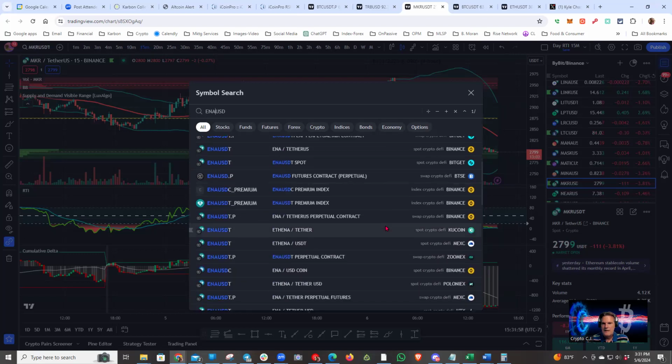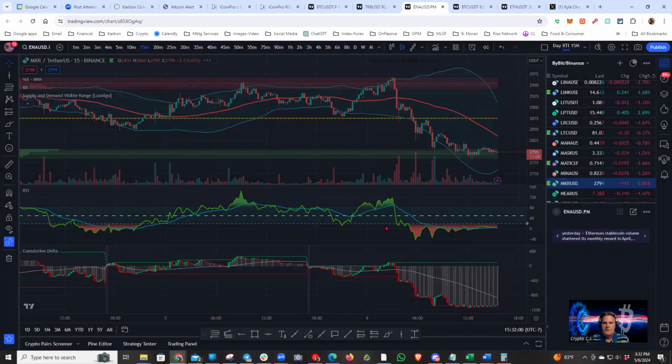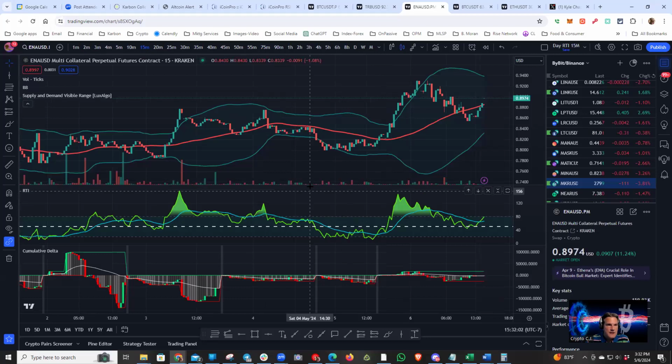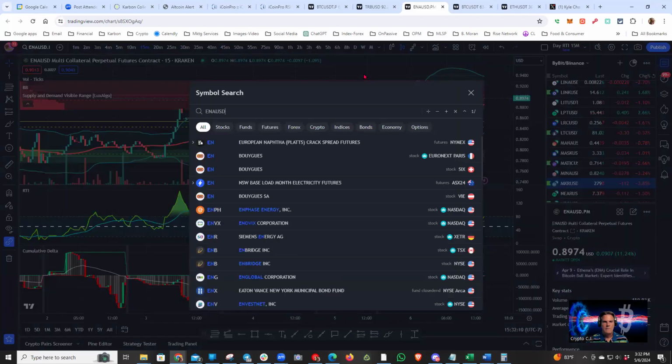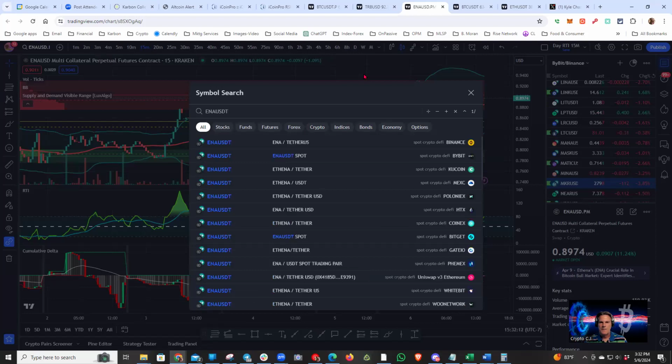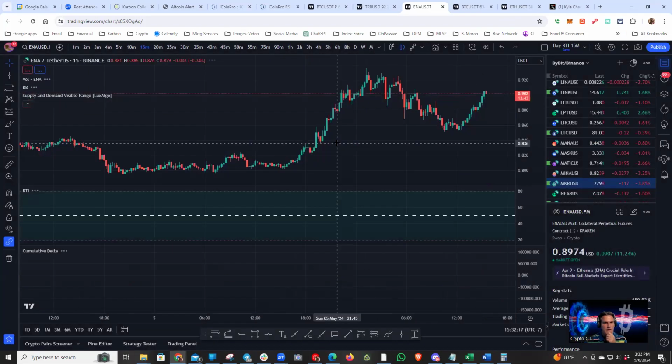Not on Coinbase yet. Look at the Kraken. Actually, that's a futures option. I don't think I want that chart. Let's just look at a Bybit spot or Binance chart. Yeah, look at Binance.